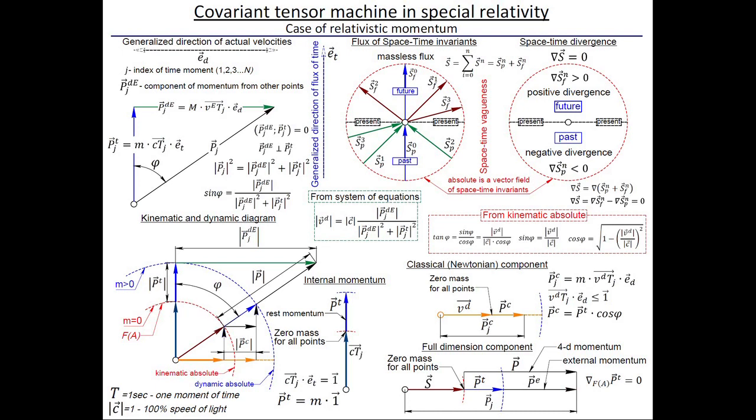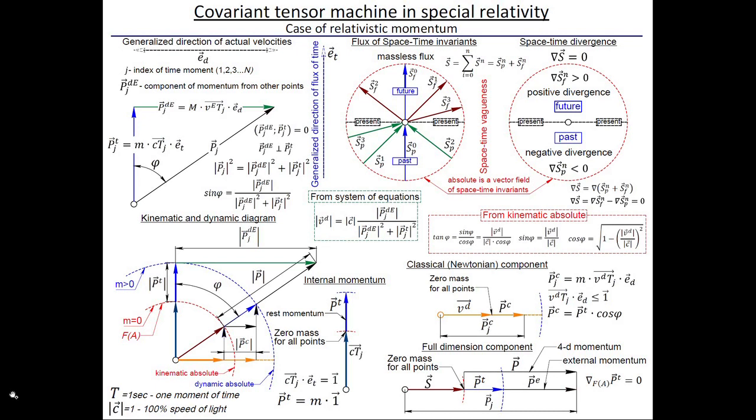The second absolute I name dynamic absolute. About the kinematic absolute, I told you earlier in the past video. The dynamic absolute is created by the kinematic absolute. For that reason, inertial mass is partly a vector quantity.